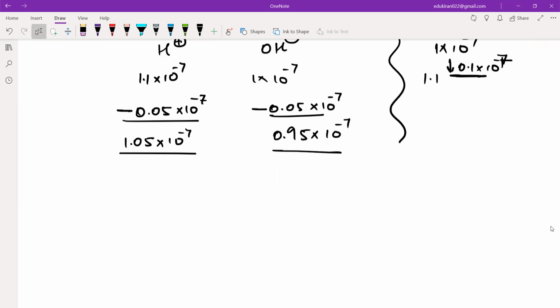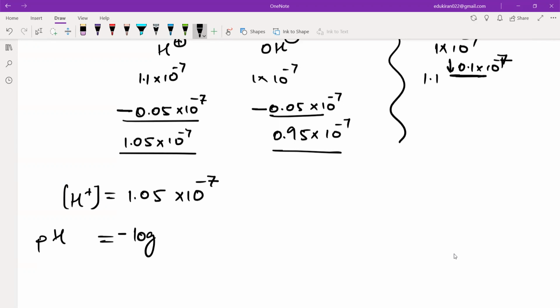Now, moving on, the concentration of H plus is how much? 1.05 into 10 to the power minus 7. Now you can calculate the log. If you put the log here, this will be minus log, if you want to get the pH, na?